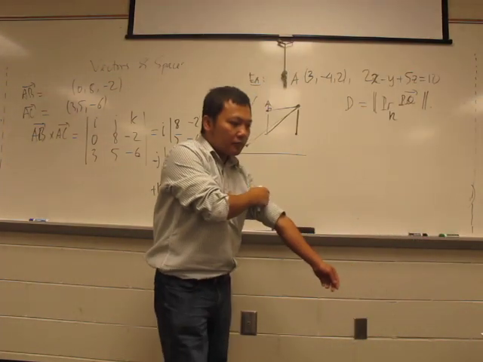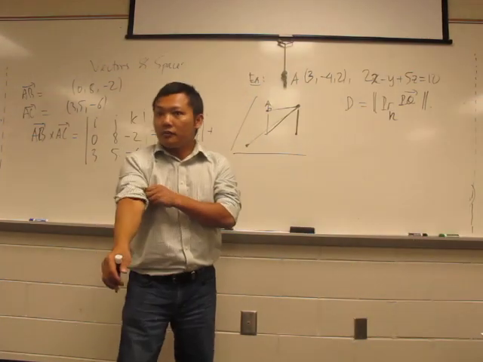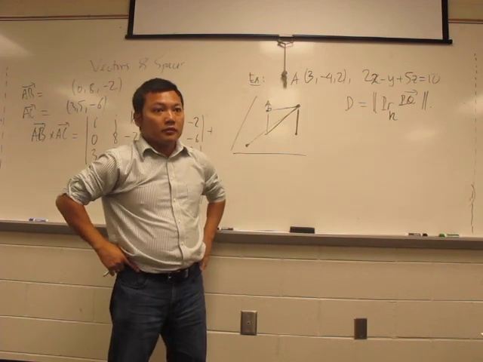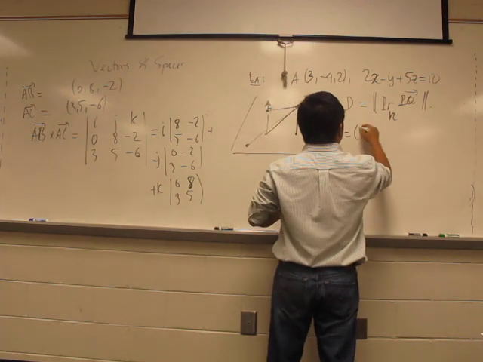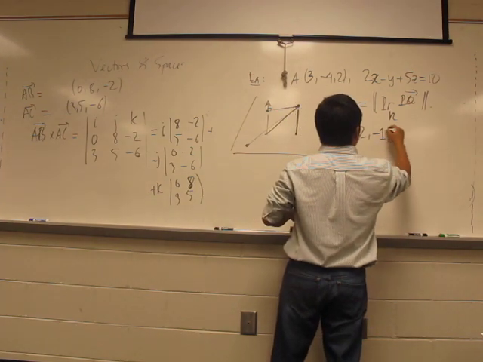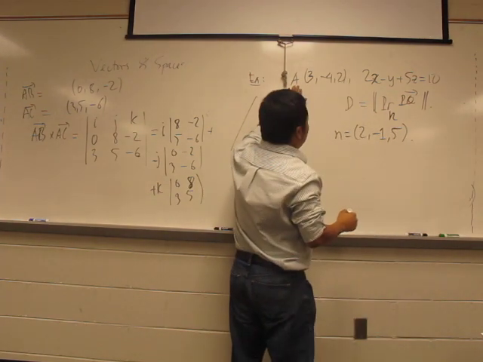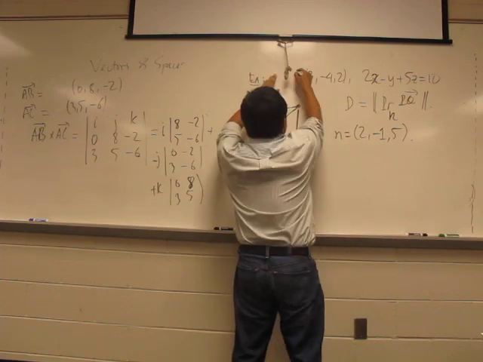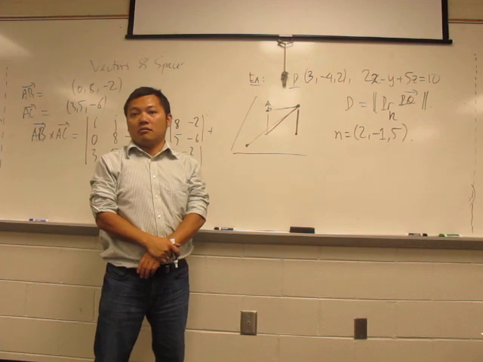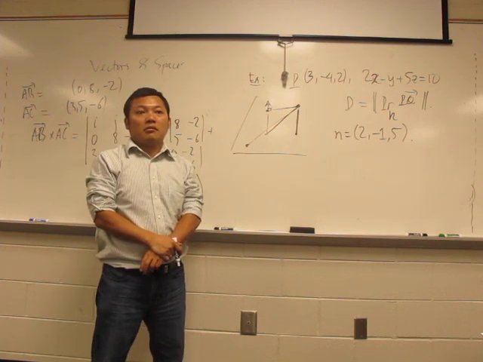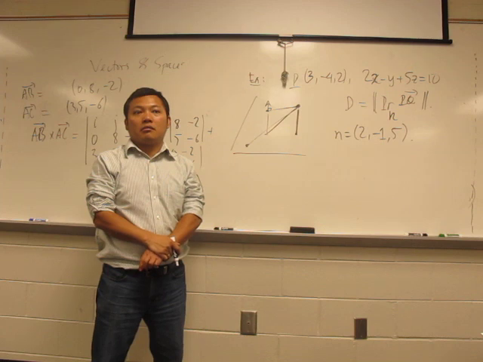N is (2, -1, 5). And this is A, okay, let's say this is P. So how about Q? Q is (0, 0, 2).